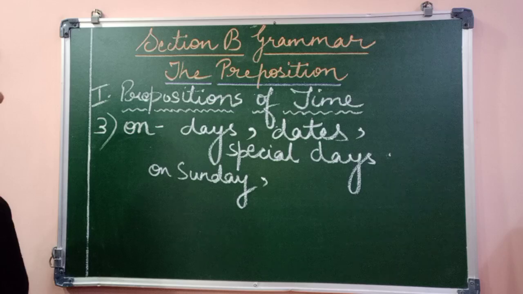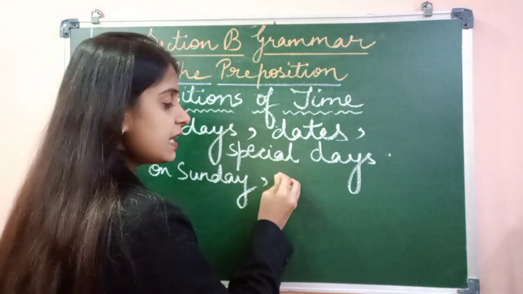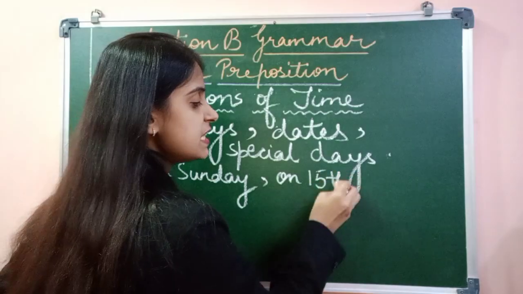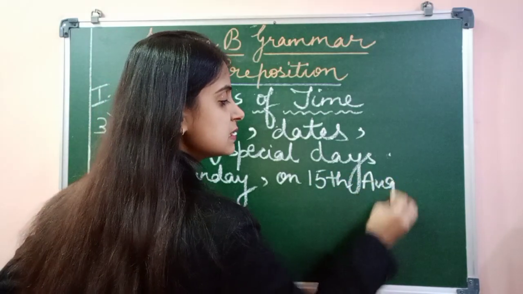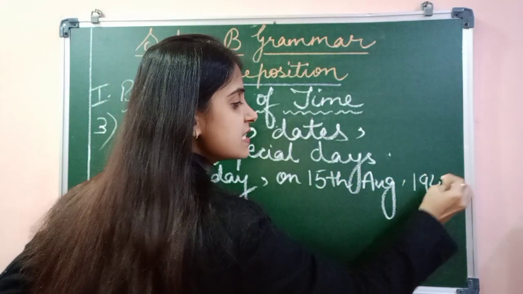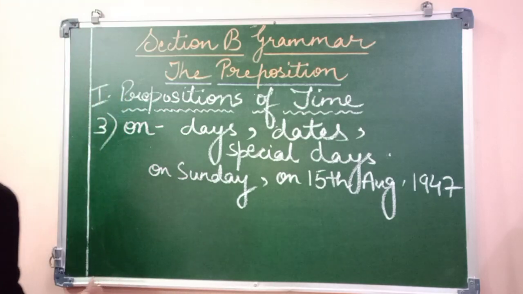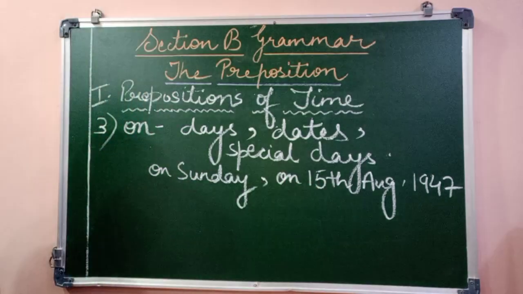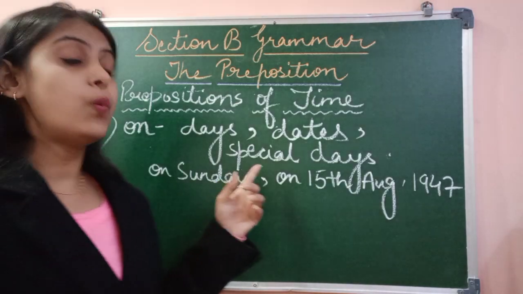For example, India got independence on 15th August 1947. So we know this specific date, so we have used on, right? It is also used with special days.